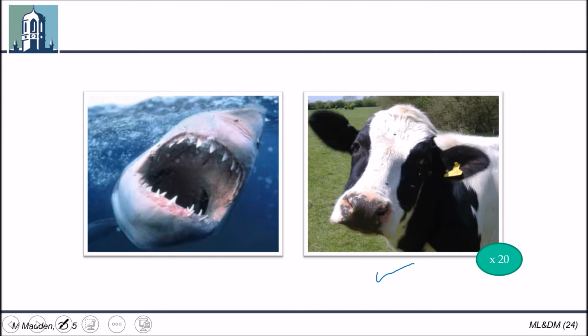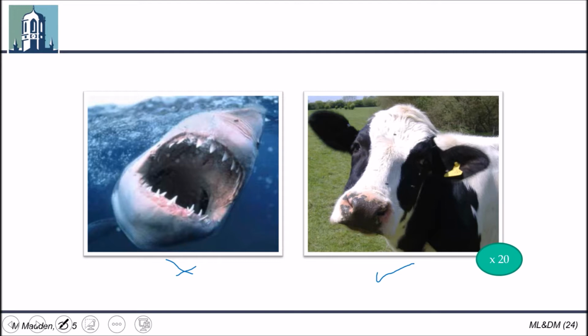And I won't happily let my kids go into the ocean if there are 3 or 4 sharks nearby, even though I know that cows kill 20 times as many people as sharks. So, what do you think yourself? I know we're not in a classroom where you can answer back to me, but what do you think is the reason for this kind of anomaly here? That we're more afraid of sharks and yet cows do more killing.